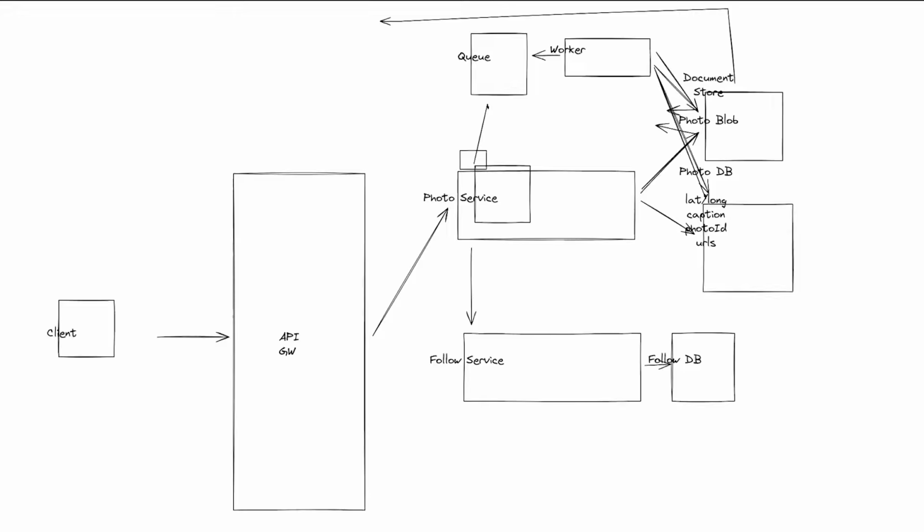And then as far as a feed, I've seen a couple different ways to handle that. Either we have a sort of orchestration service, where a feed service is working with both the photo service and follow service to determine what users a user is following, and then going to the photo database and fetching all photos for everyone a user follows.